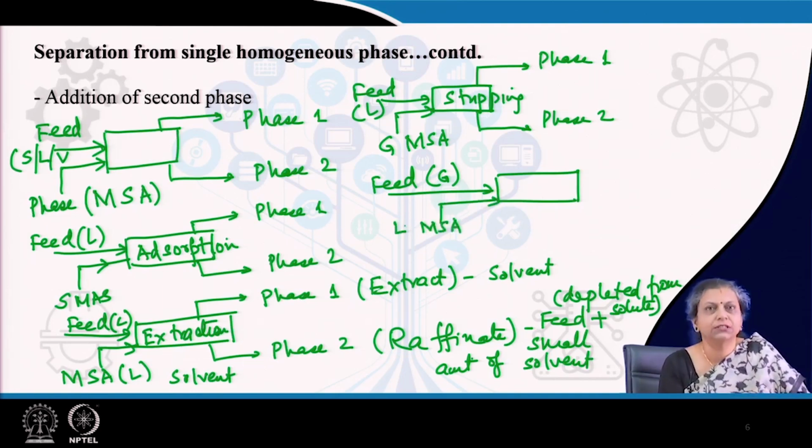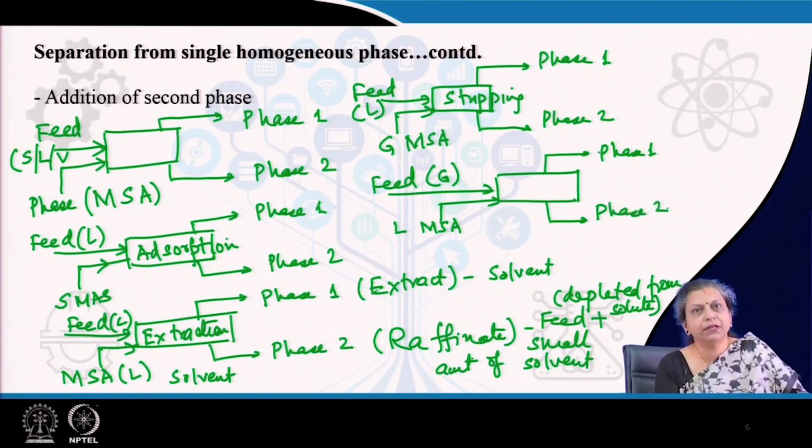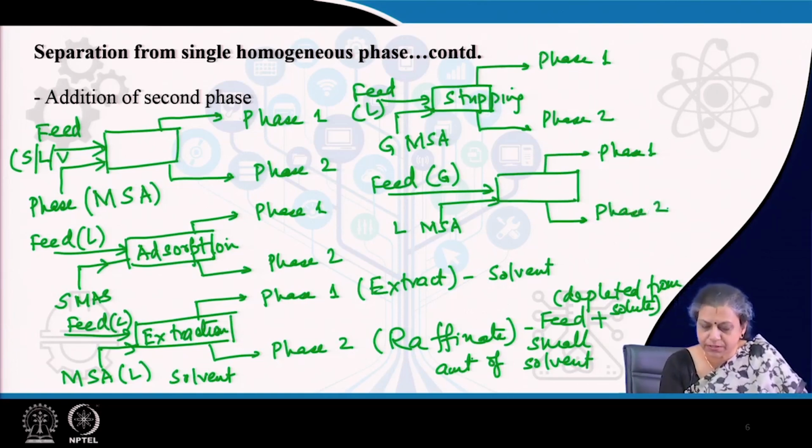This liquid preferentially dissolves some particular components of the gaseous feed that are more soluble in the liquid MSA as compared to the others. So, from here we get two products, a gaseous product which is depleted of the more soluble components, and a liquid product which is richer in the more soluble components.